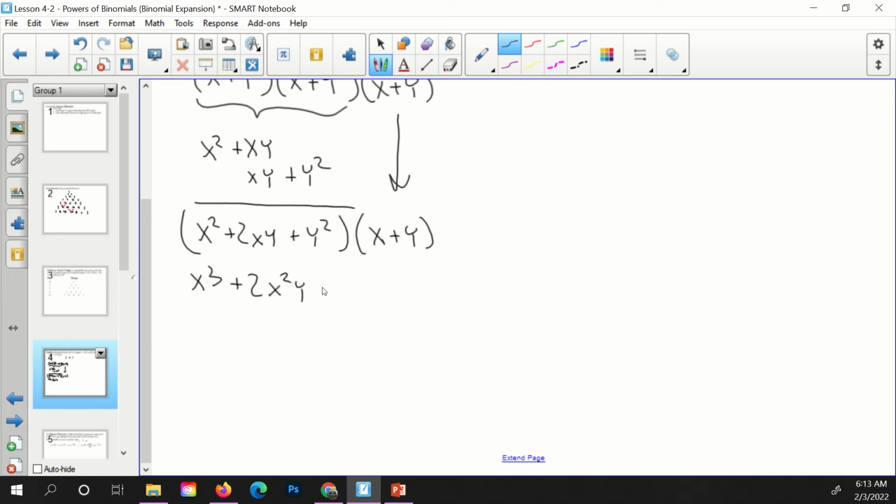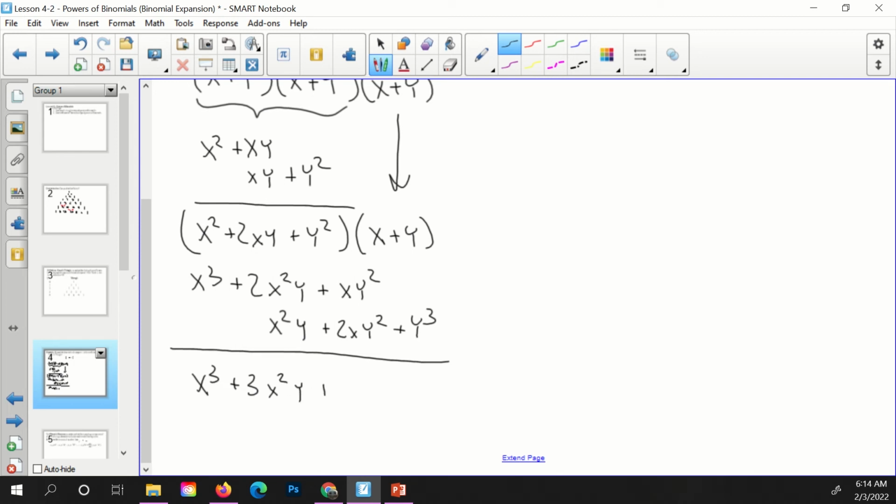Then y squared times x will be xy squared. x squared times y will be another x squared y. 2xy times y will be 2xy squared, and then y squared times y will be y to the third. Now when I add all these up, I will get x to the third plus 3x squared y plus 3xy squared plus y to the third.